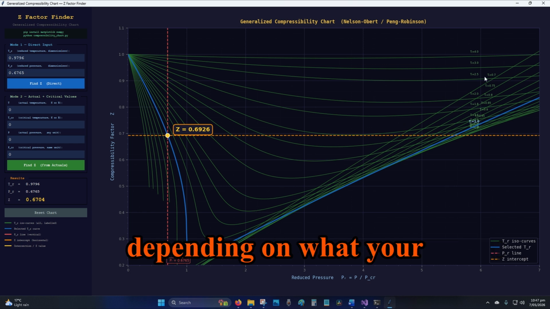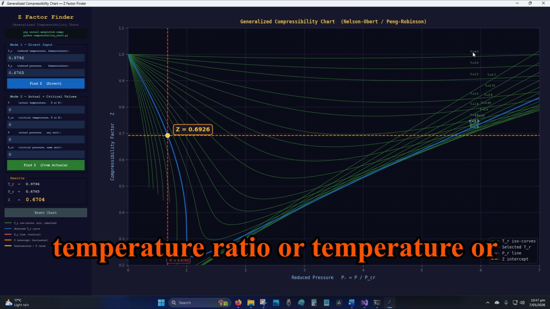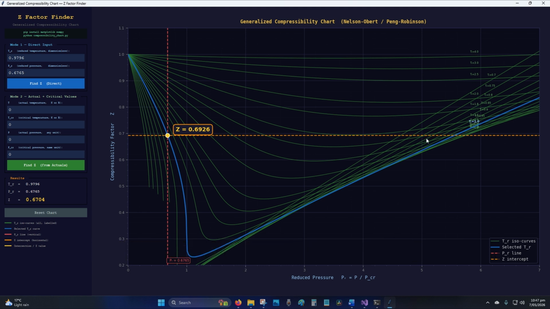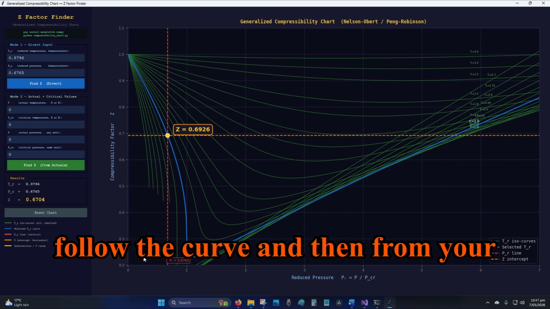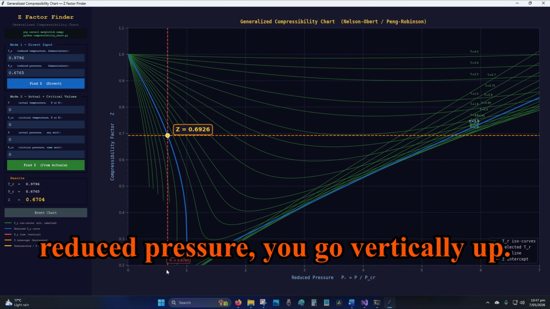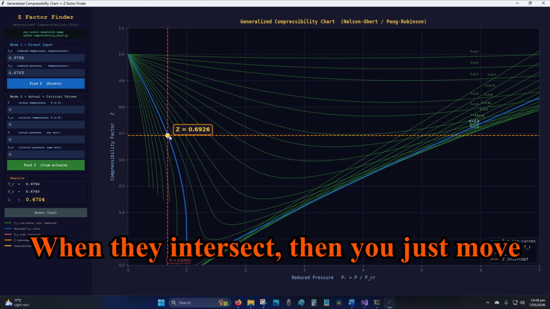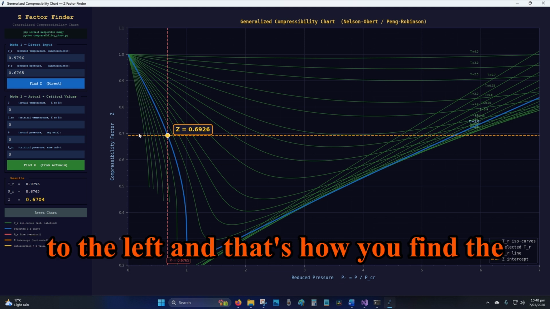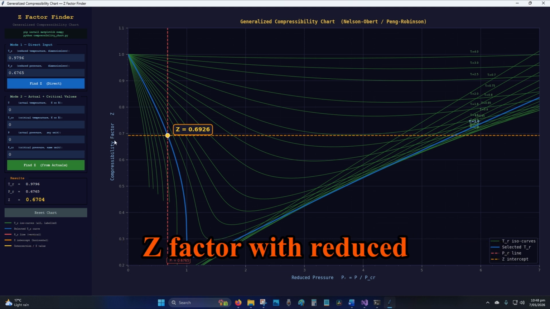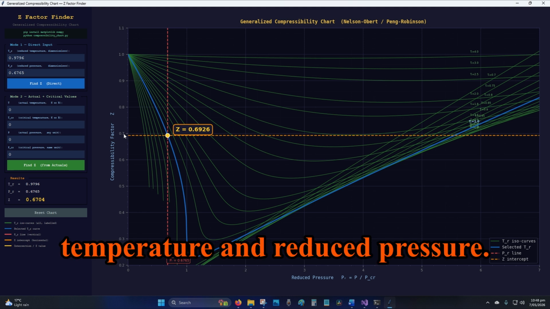Depending on your reduced temperature, follow the curve. Then from your reduced pressure, you go vertically up. When they intersect, you move to the left. And that's how you find the Z factor with reduced temperature and reduced pressure.